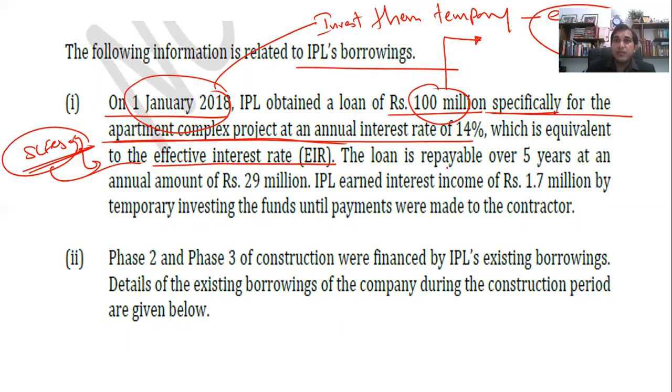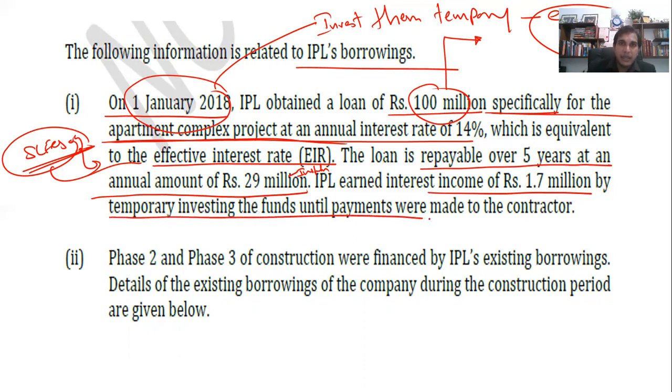The loan is repayable over 5 years, an annual amount of 29 million. This is the installment. IPL earned interest income. See, this is what I said. 1.7 million by temporarily investing the funds until the payments were made to the contractor.